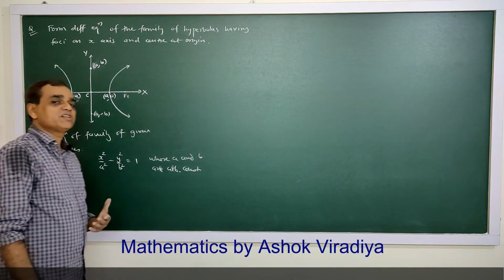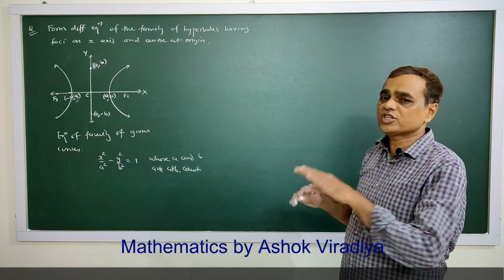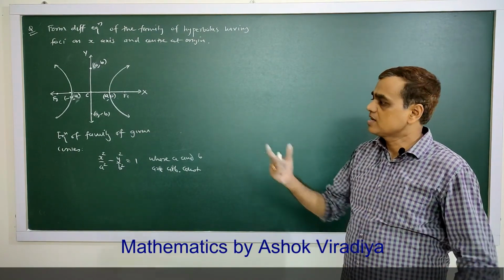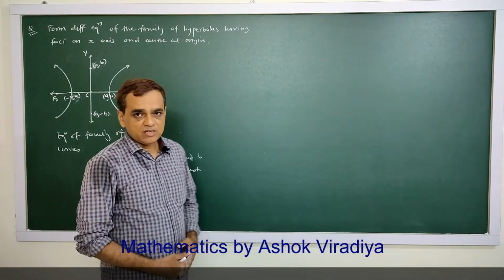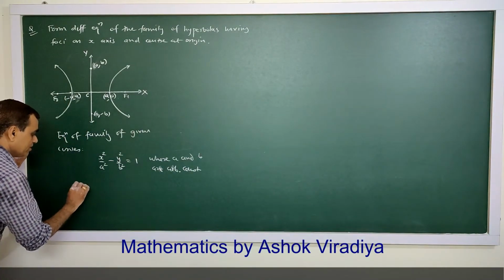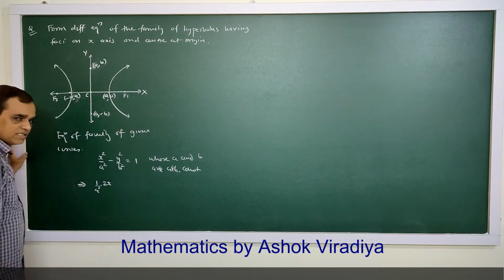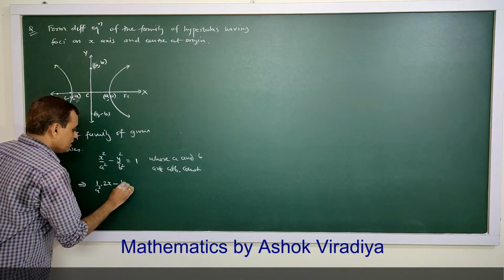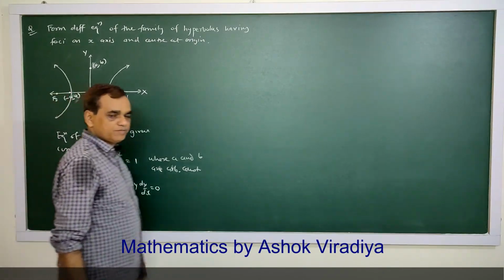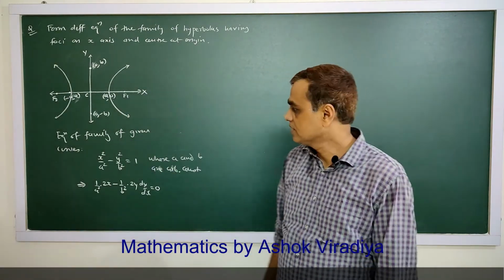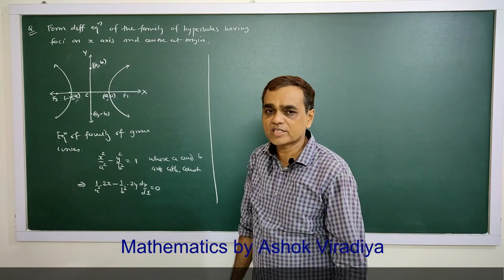So whatever its differential equation will be, its order will be 2. So we will differentiate this equation 2 times, with elimination of both arbitrary constants. So starting differentiation, first differentiation: 1 upon a square into 2x minus 1 upon b square into 2y dy by dx equal to 0. Now the first differentiation is taken, nothing is eliminated, both a square and b square are still visible.